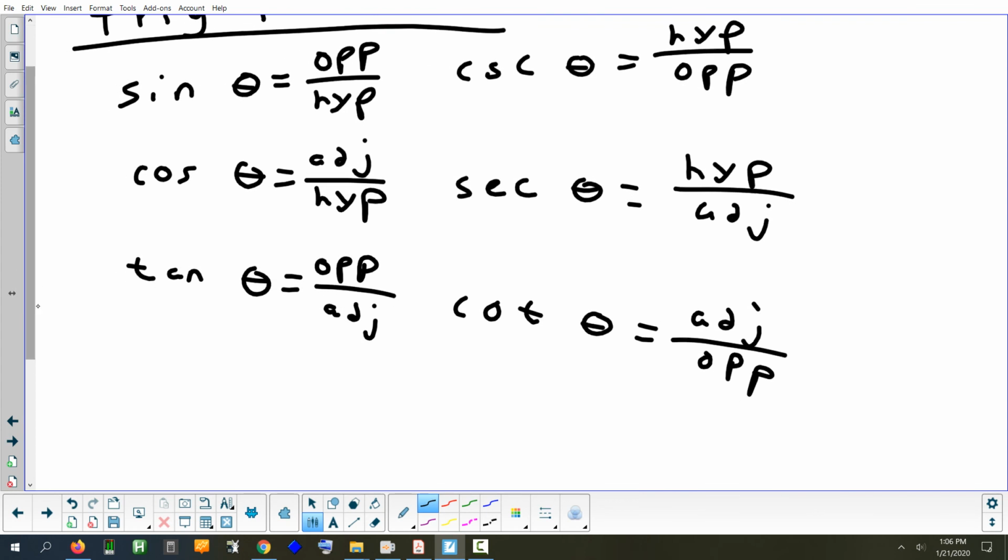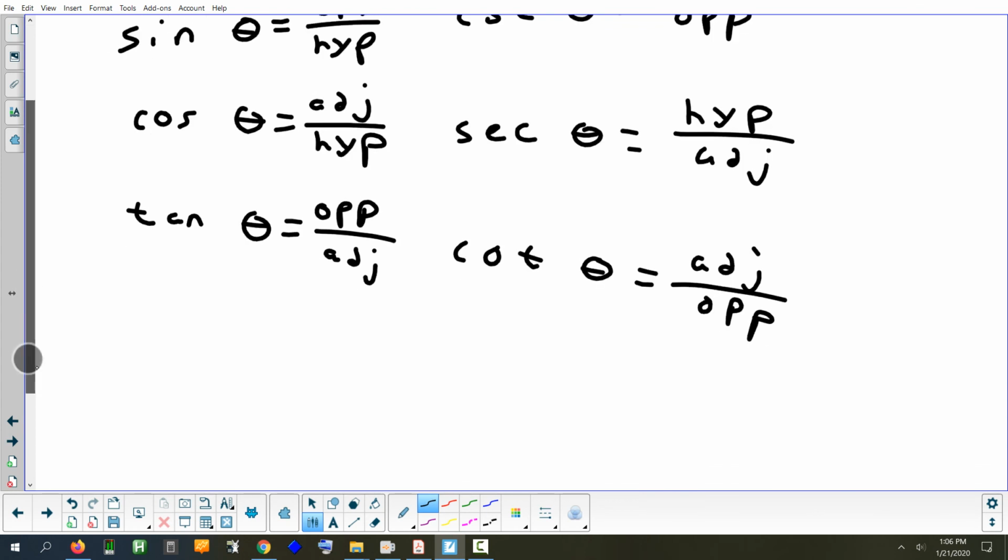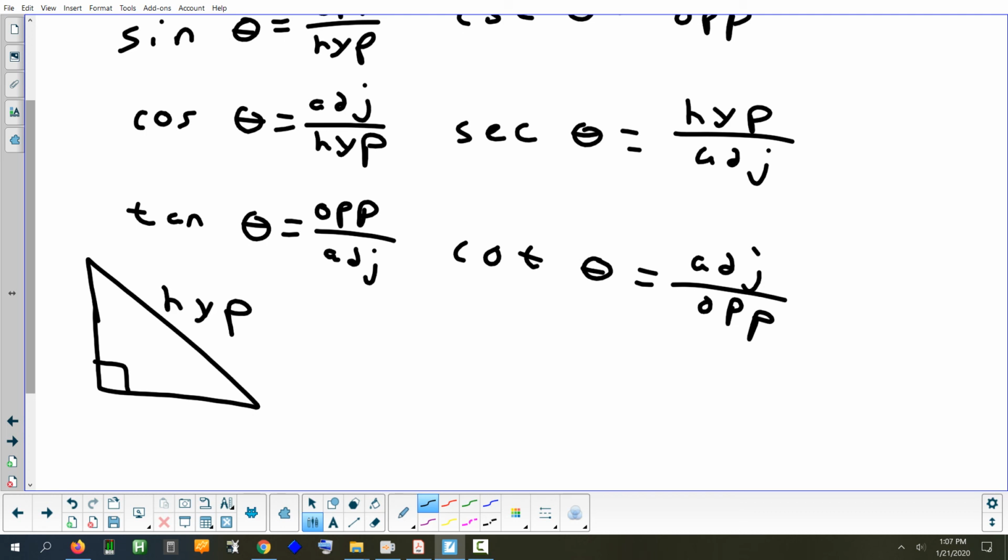Now, if you're not sure what opposite and adjacent mean, when you have a triangle, the hypotenuse is always across from the 90. Theta is an angle somewhere in the triangle. Doesn't matter where you put it. Opposite is always the side that's across. So if I put it in the lower right, this is opposite because it's the farthest away.